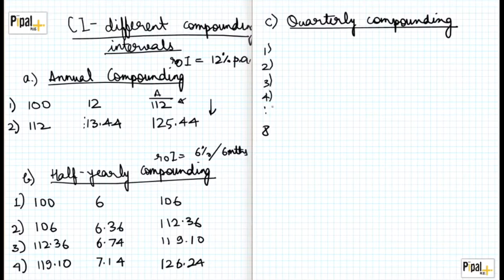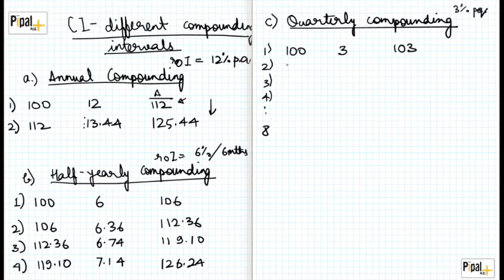In each of these quarters, the starting principal is 100, but the rate of interest this time is going to be 12 divided by 4 quarters per year, so 3% per quarter. So that's the interest we are going to earn. At the end of the first quarter, the interest earned is 3 rupees, and the amount due at the end of the first quarter is 103.